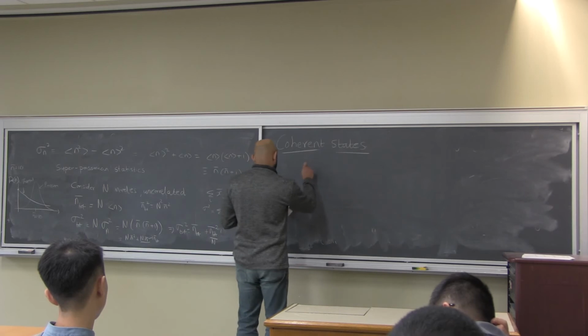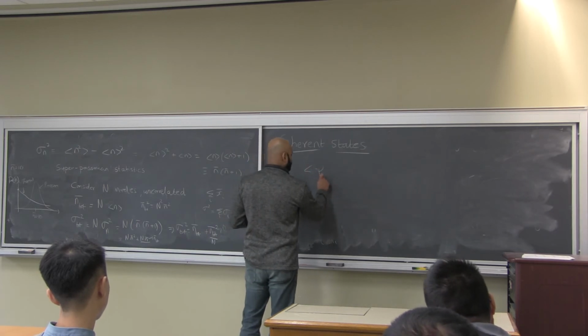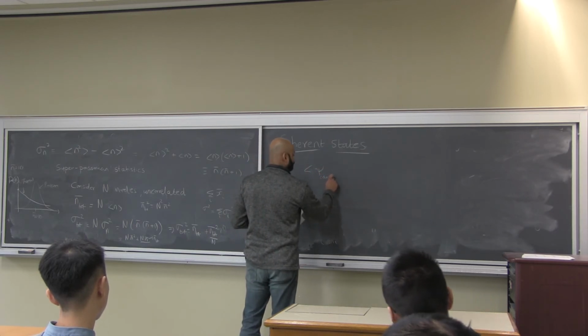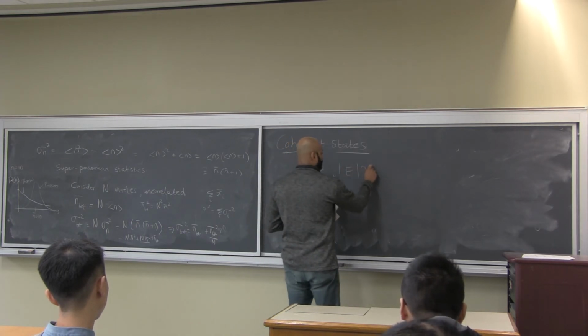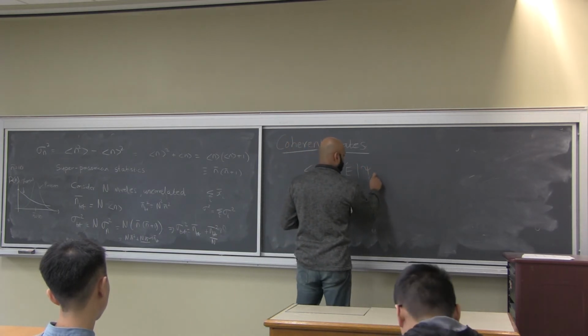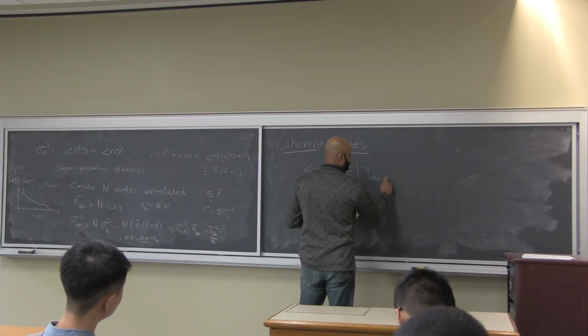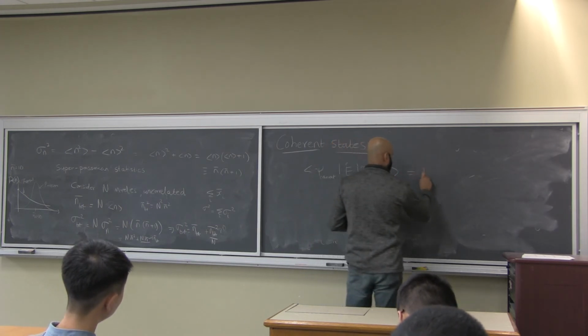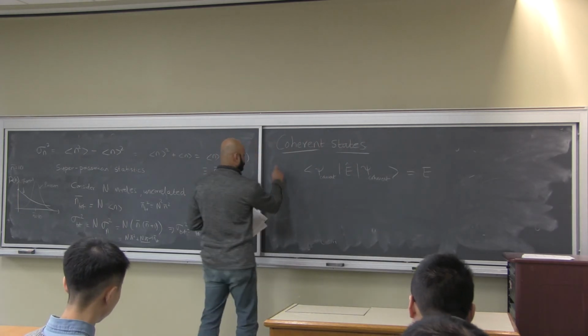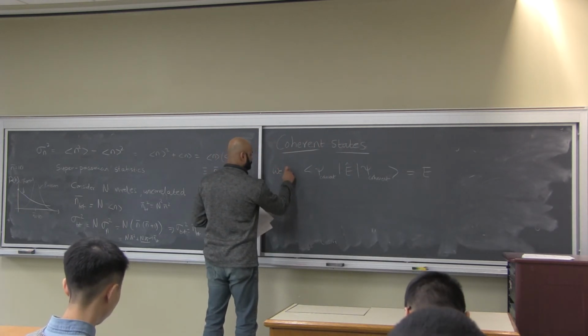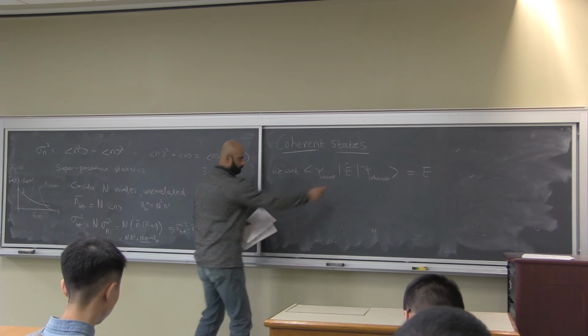So we want psi in this so-called coherent state, or a classical state if you like, for which the expectation of the operator E will give me back E, the electric field. We want this.